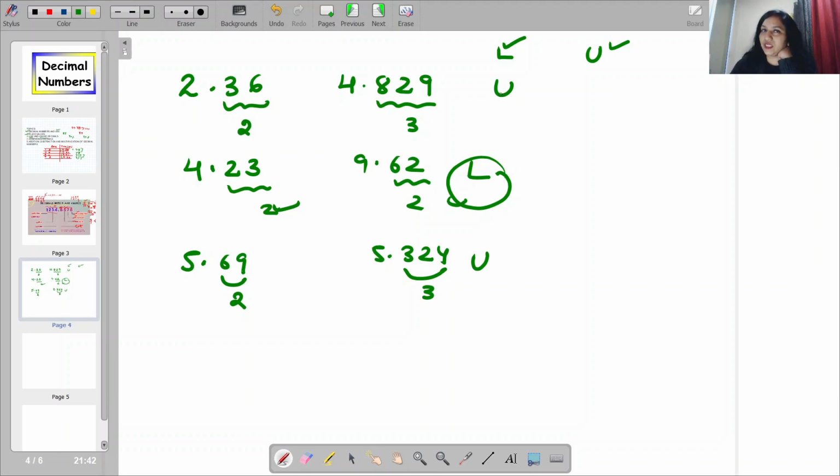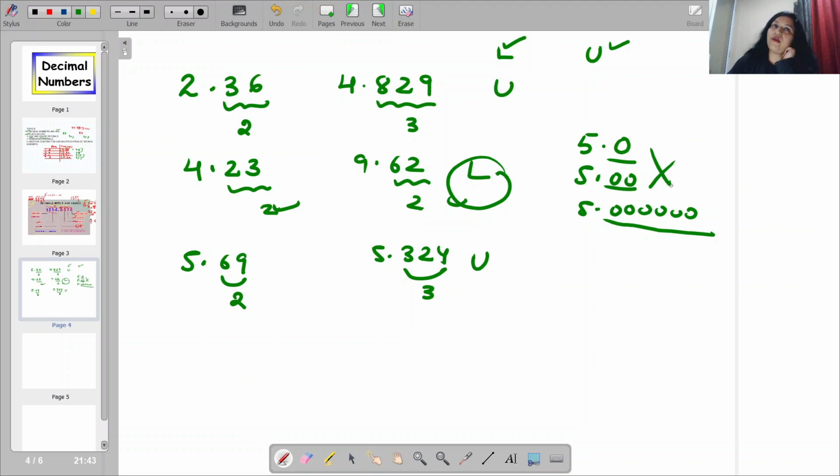Another very interesting thing: please understand, if I have the number 5, I can write it as 5.0 or 5.00 or 5.0000, with as many zeros as I like. These zeros to the right of the decimal do not have any value.